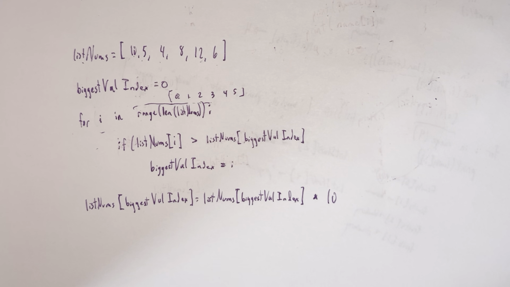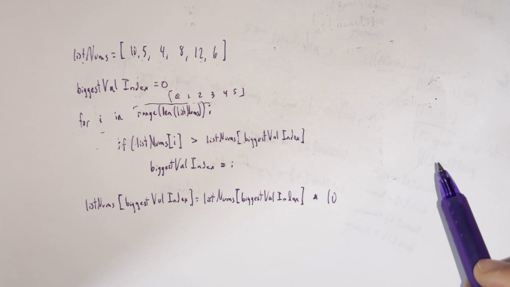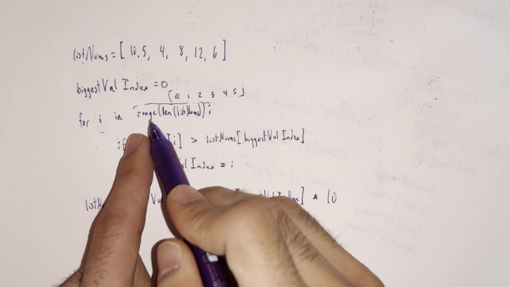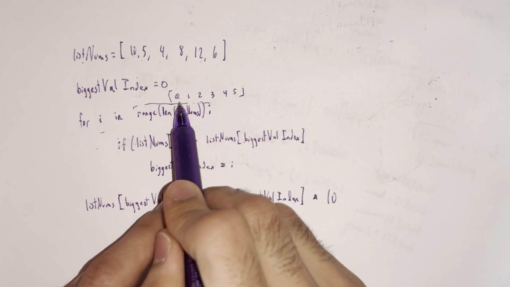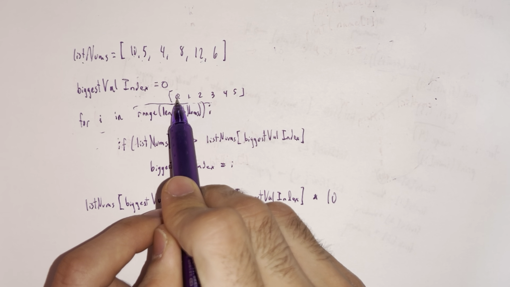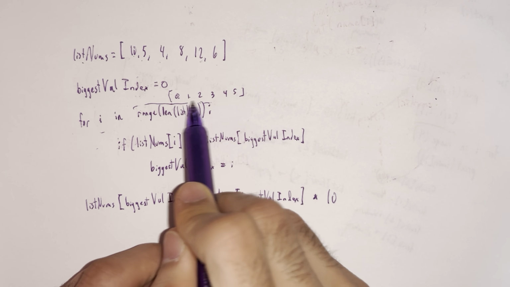I was going to say one more thing. There is one part of this code that we could make a little bit more efficient, and that would be here: for I in range len of list nums. So we're starting at 0 and going 1, 2, 3, 4, 5.